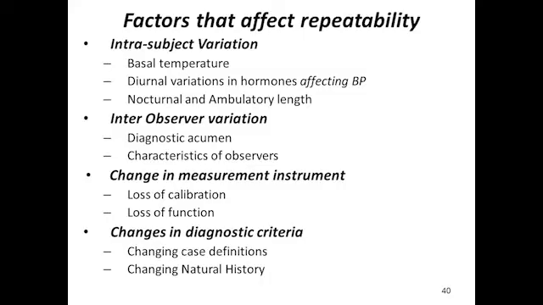Now, what are some of the factors that affect the repeatability of a measurement? It could be the person whom you are measuring. The person whom you are measuring can vary internally, physiologically. For instance, their basal temperature can change during the day or over certain seasons. They may feel warmer during certain seasons because of the environment.